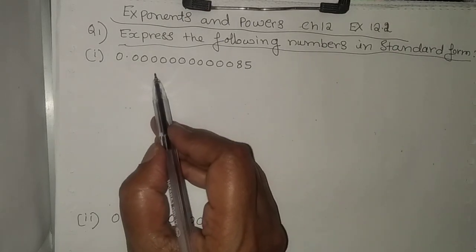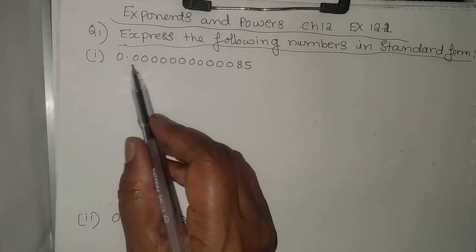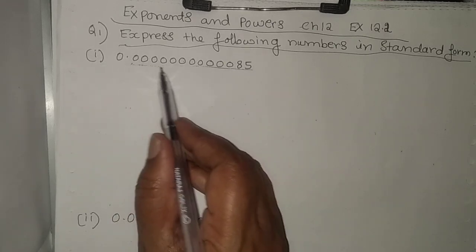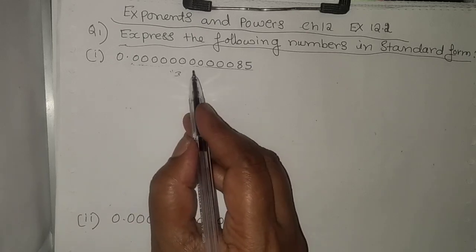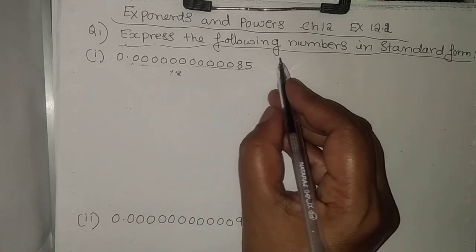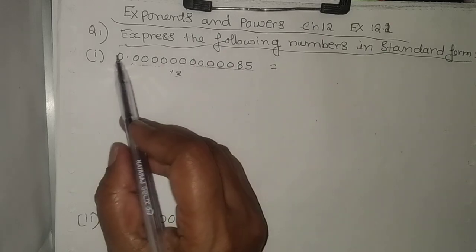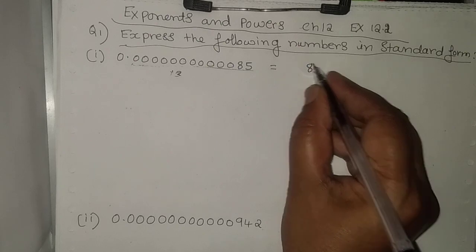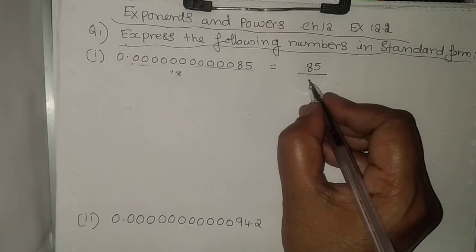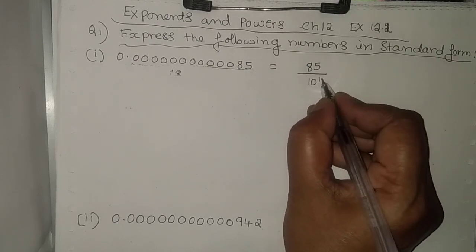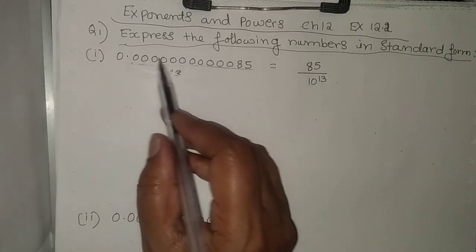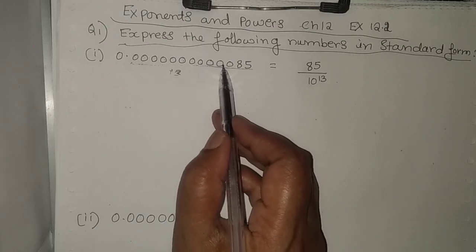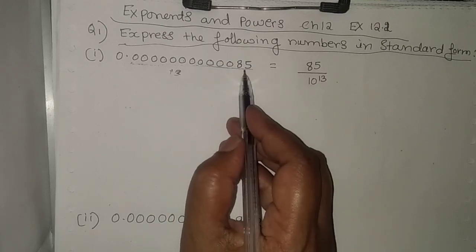So here, how many are there, including here it is 13. So we have to just count this, meaning the numbers after the decimal point, that is 85, right as it is, then 10 power 13. So 1, 2, 3, 4, 5, 6, 7, 8, 9, 10, 11, 12, 13.